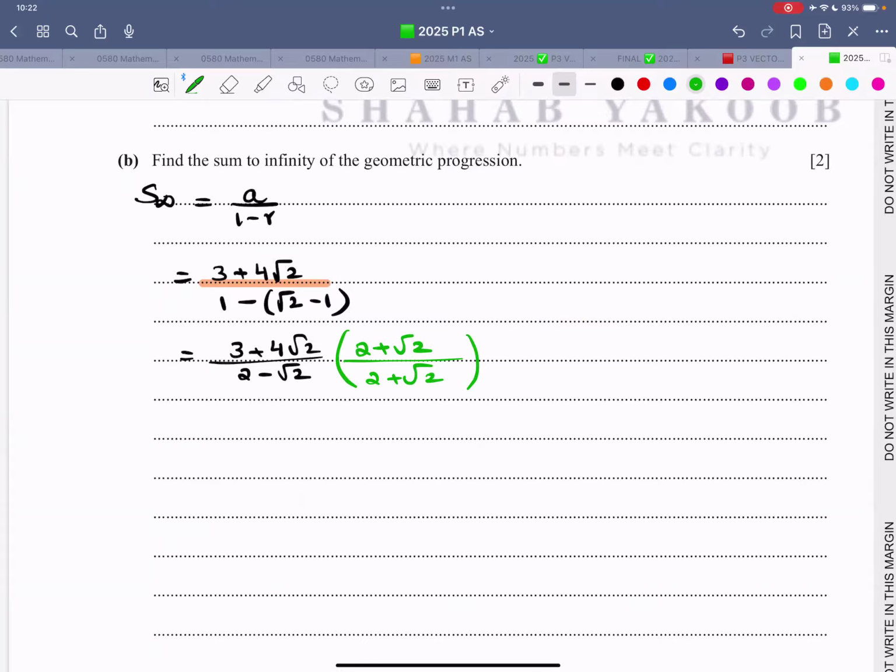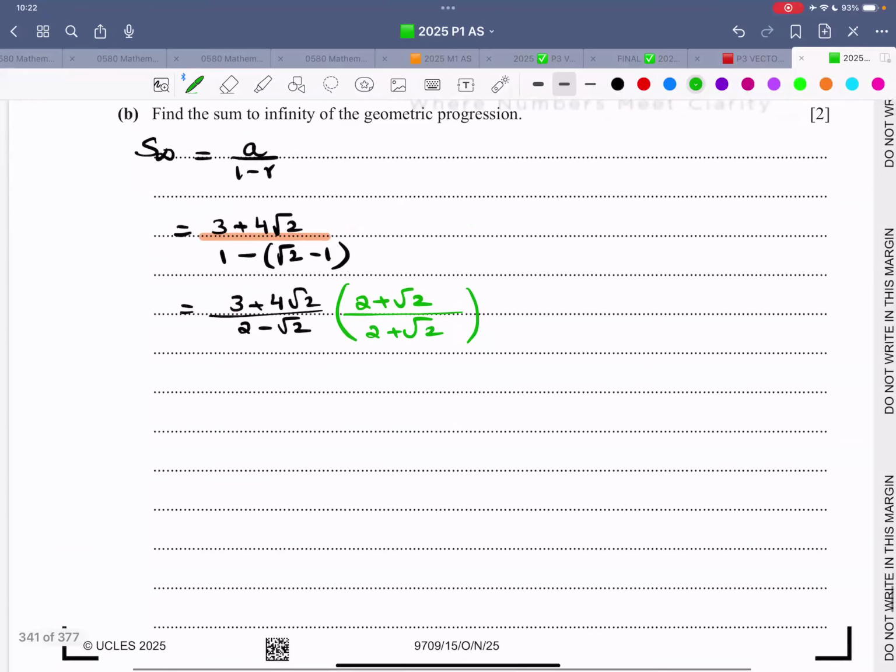So if I take root 2 common, it would still be the same kind of thing. So now this is 3 into 2, that is 6, 3 root 2. 4 root 2 into 2, that is 8 root 2. And 4 root 2, that's 4 into 2.